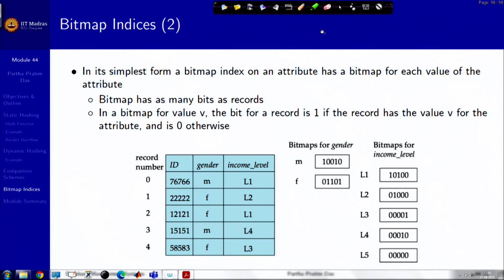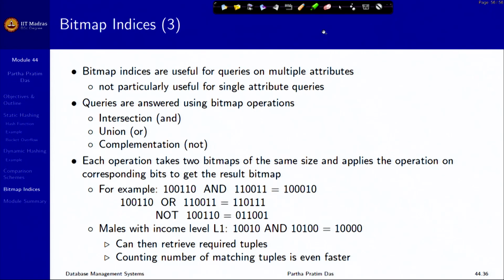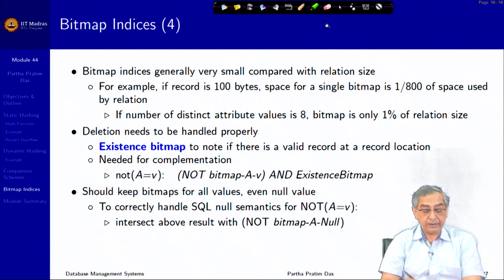What is actually far more interesting is that if you want to say male and income level 14A, then there are 2 bitmaps of the same size, the number of records in the collection, and you can just AND them. Logically AND them, and wherever you get a 1 are the indices of the records which have that.